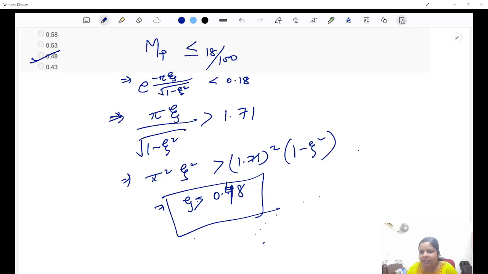For log you need a calculator, right? For log you need either a calculator or a log table. One of them has to be with you, because without that you won't be able to solve the exponential term. So for taking the log you need a calculator or a log table. If you are going to solve through a log table, you should know how to read the log table.